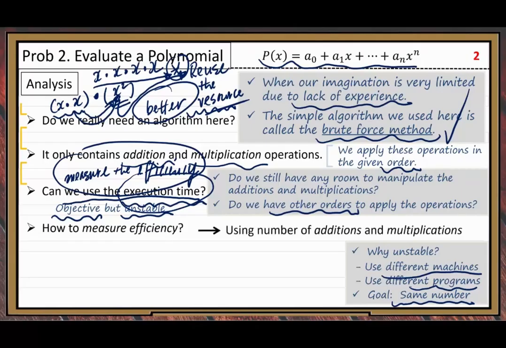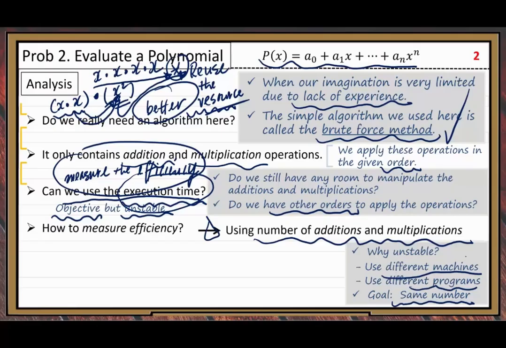All right. How to measure efficiency? So now, our final decision: using number of additions and a number of multiplications as the efficiency measurement here. Here you count numbers. Because when you use the counting number as the efficiency measurement, it is stable.